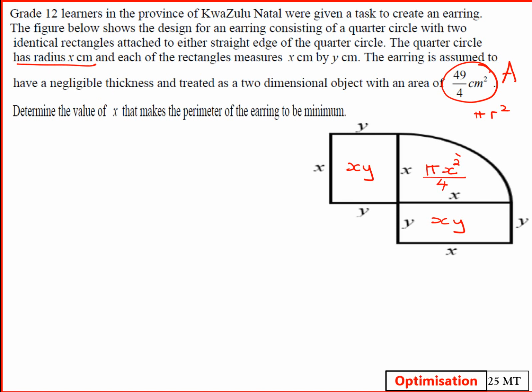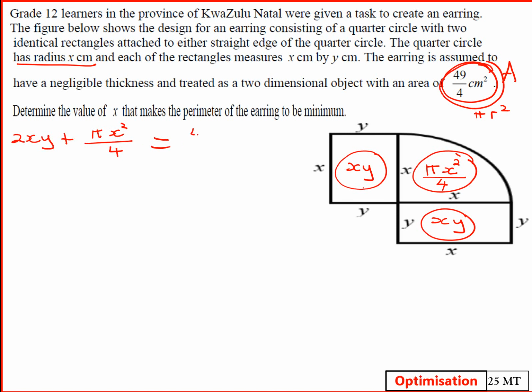If we add the total area, it's xy plus xy, which gives 2xy, plus pi x squared all over 4, which is equal to the given area of 49/4.